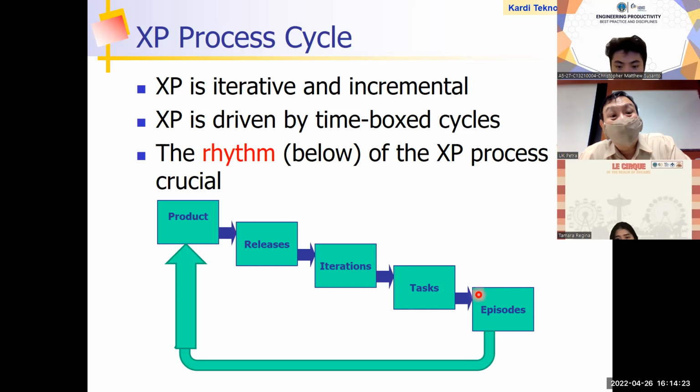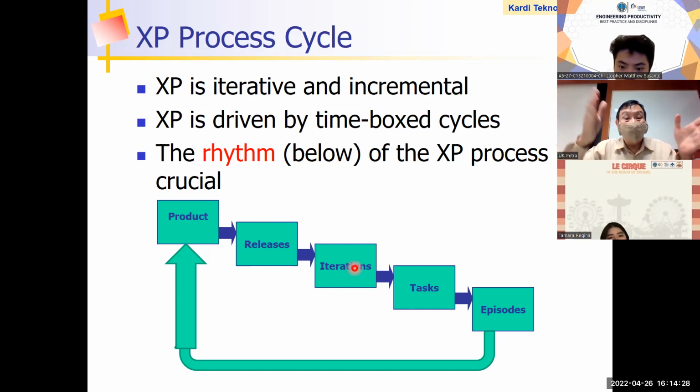Clear? So you divide a big thing, one product, into several releases. Say one product has 2 or 3 releases. That means one release is probably 6 months, say if you want to make it 1.5 years or 1 year.